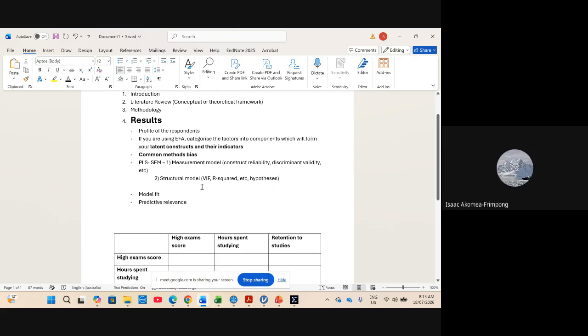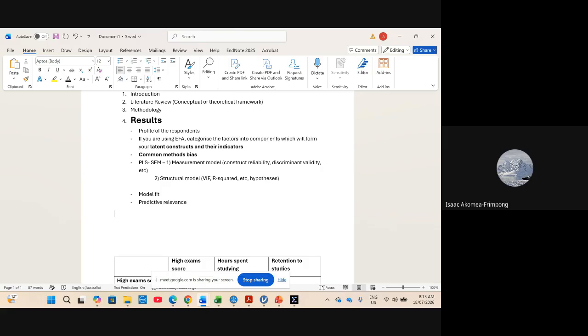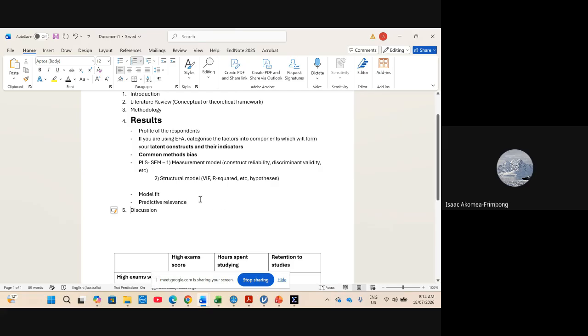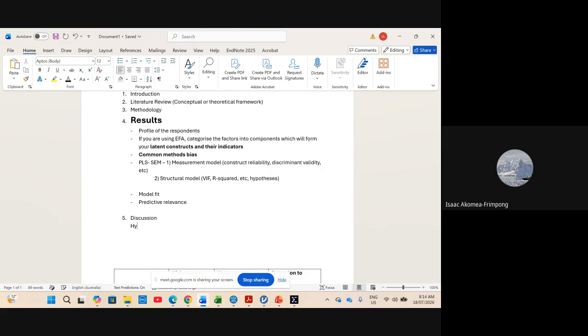No. During your discussion, which will be a major part of your work, probably section 5, what you need to discuss is the output of the hypothesis in relation to your research objectives or research questions, because that is the main thing.